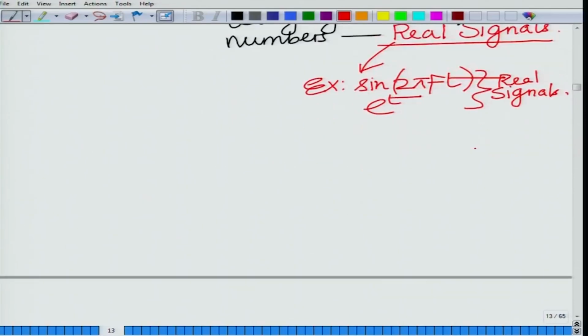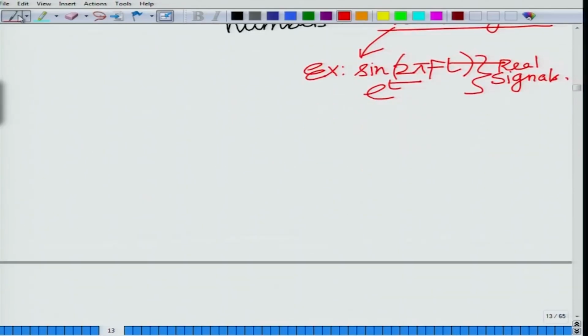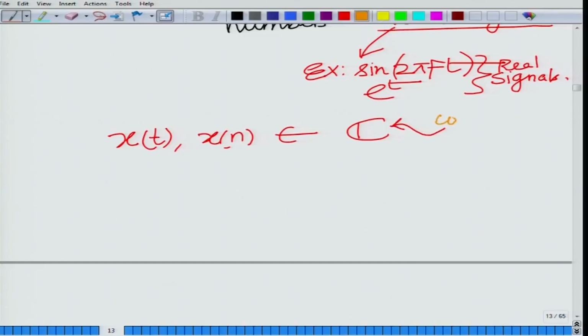On the other hand, if you take other signals such as x t or a discrete time signal x n, which can take values belonging to the set of complex numbers. So, this is the set of complex numbers.